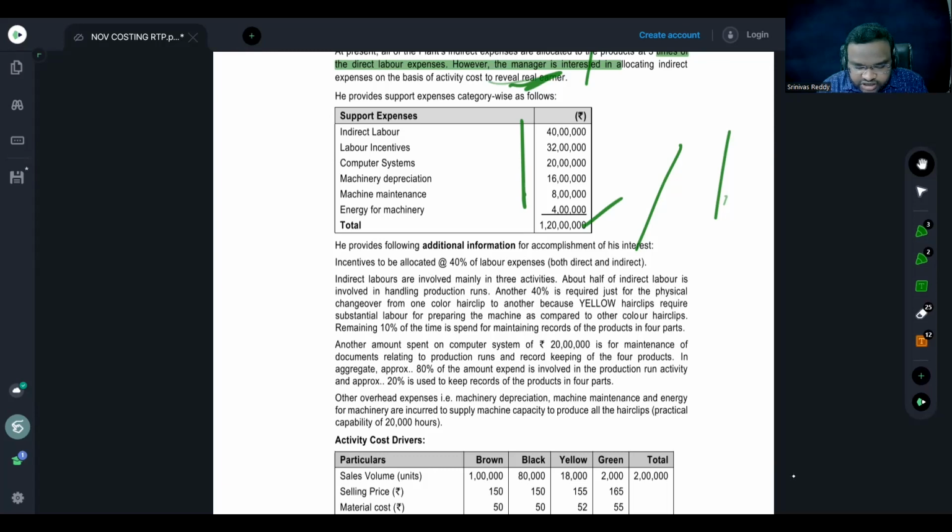Other overhead expenses, that is machinery depreciation, machine maintenance, and energy for machinery, are incurred to supply machine capacity to produce all the hair clips, a practical capability of 20,000 hours.